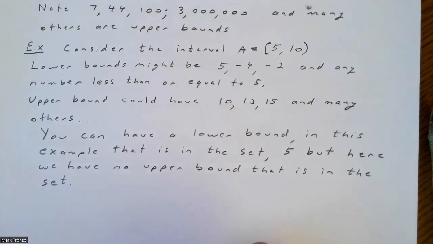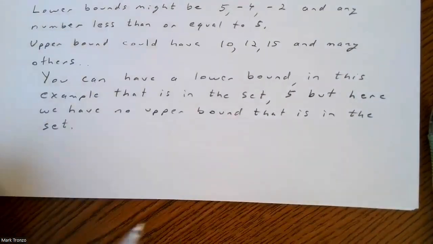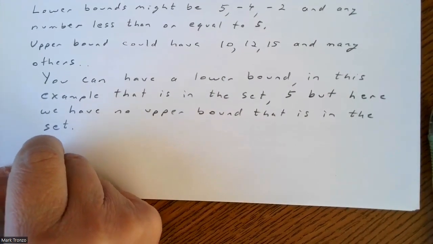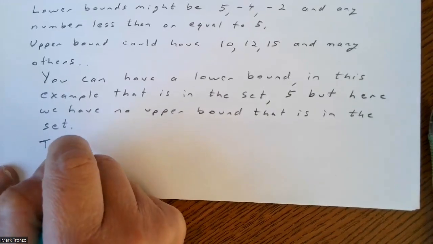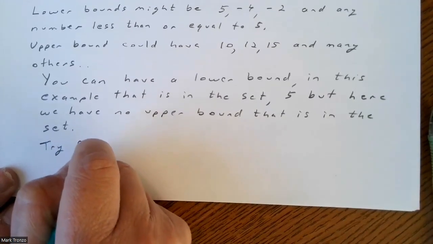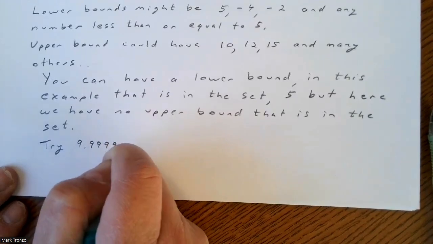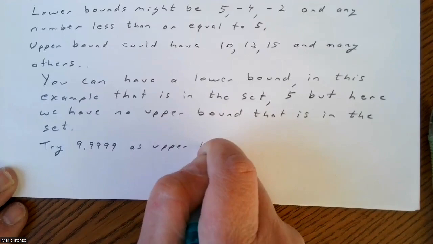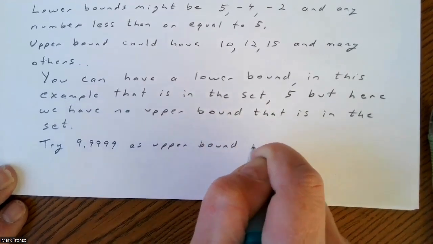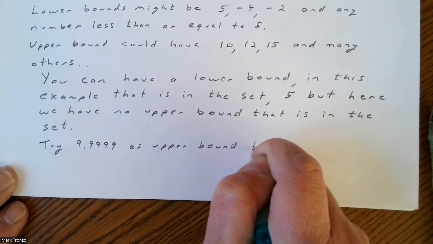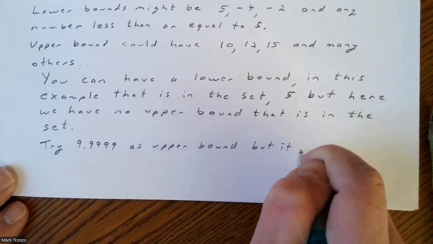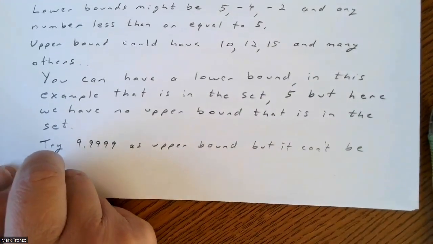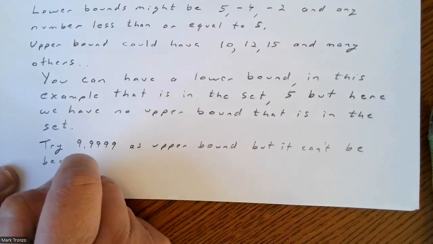So if you tried 9.9999 as an upper bound, it can't be, because you can always find one bigger which is still in the set.